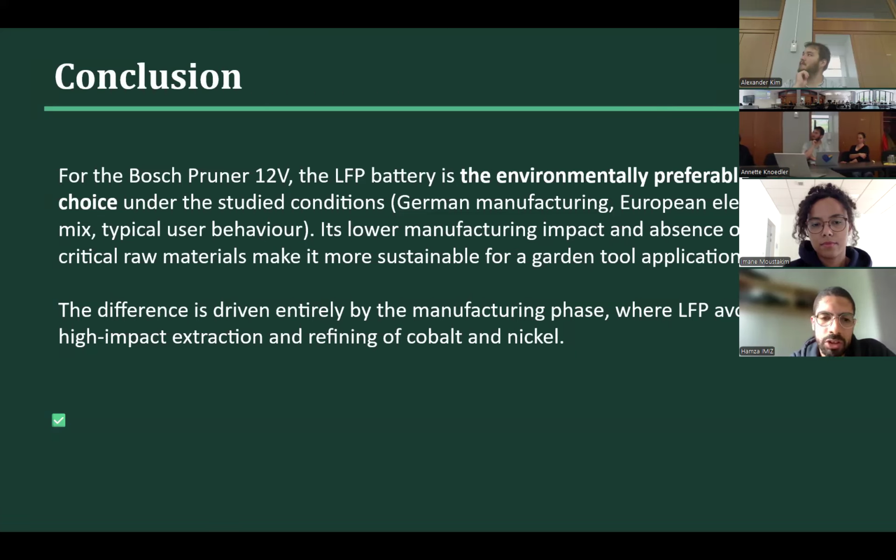The difference between the two batteries mainly resides in the manufacturing phase, as is known in literature and verified in openLCA Sankey diagrams, where the LFP avoids the high-impact extraction and refining of cobalt and nickel that are present in the lithium-ion battery. And yeah, that's it. And thank you for your attention.